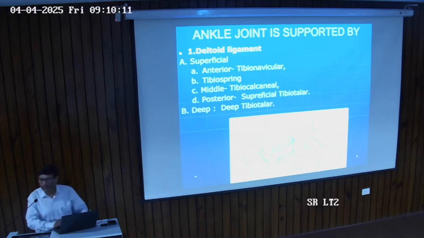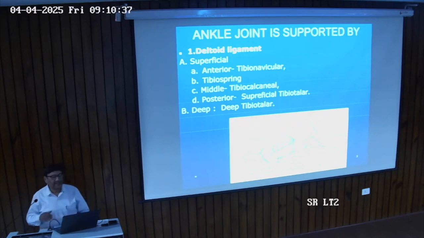So it is important to remember that there are three sets of ligaments around the ankle, the integrity of which is very important, and we must understand the anatomy of these ligaments, because depending upon the pattern of the trauma that the ankle is subjected to, a particular ligament can get ruptured or strained. So what are these three groups of ligaments?